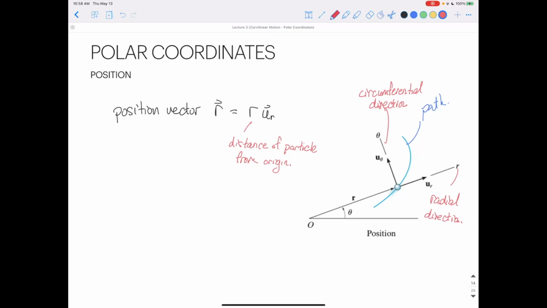So the radial direction always extends directly outwards from the origin, passing through wherever that particle is at that moment in time. And then the theta direction is measured counterclockwise from the horizontal, from that radial direction. So u r always extends outwards from the origin.